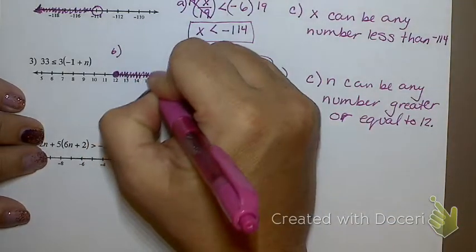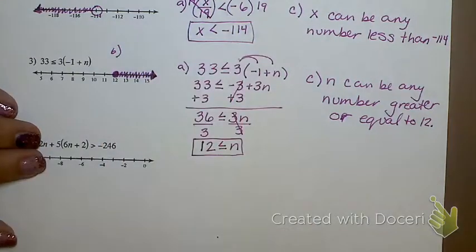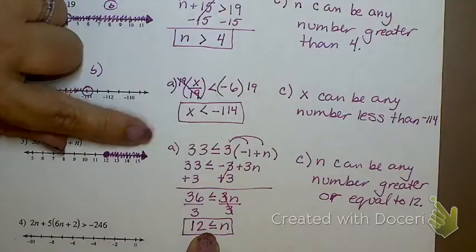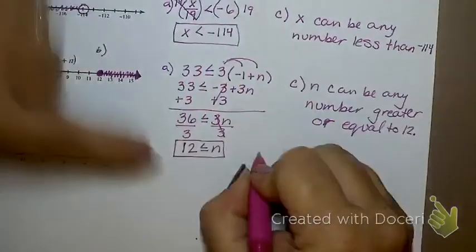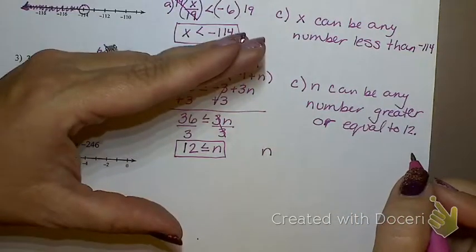Now, Mrs. Franken, I don't get it because your statement says greater than or equal to, but your sign says less than or equal to. That's confusing, isn't it? Well, if I were to write it with the letter on the left, like those ones were, if the letter was on the left, do you see how the open part is by the N?